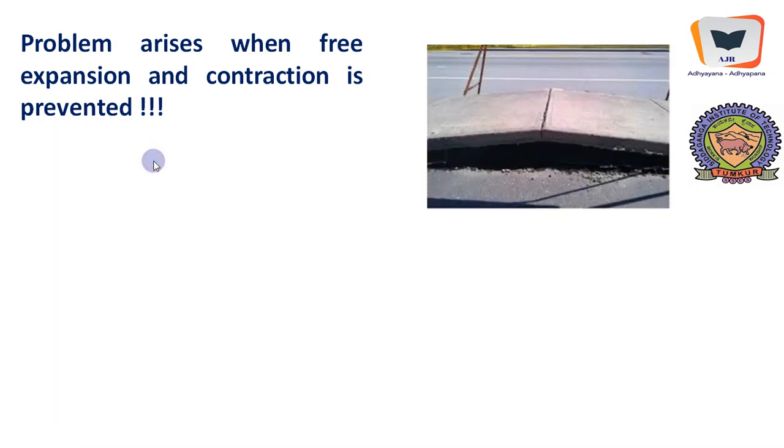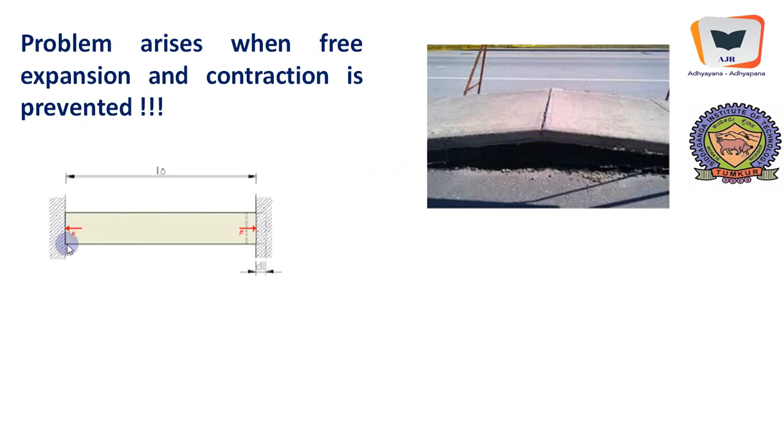And when a concrete slab is prevented from free expansion, it's going to buckle like this, leading to some kind of a crack. And if a specimen is tightly fitted between unyielding walls, and when it is cooled, it's going to contract and tension forces will develop.